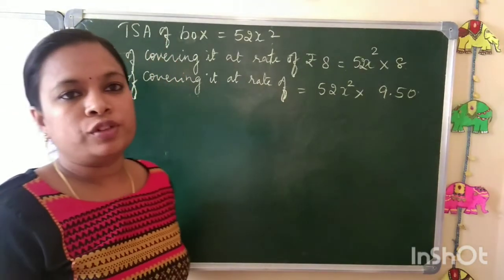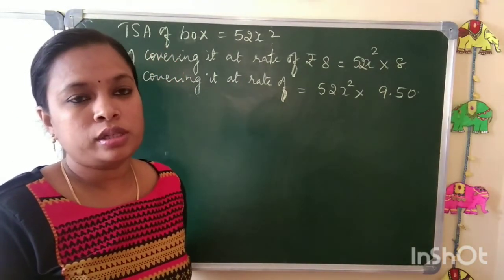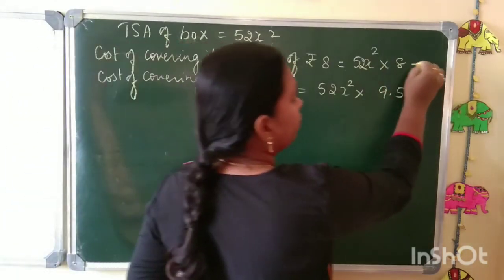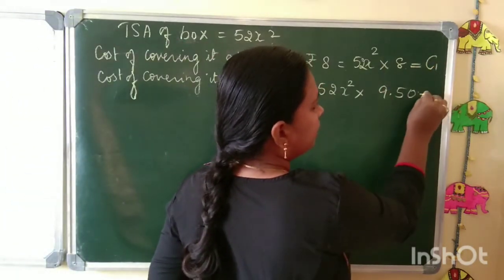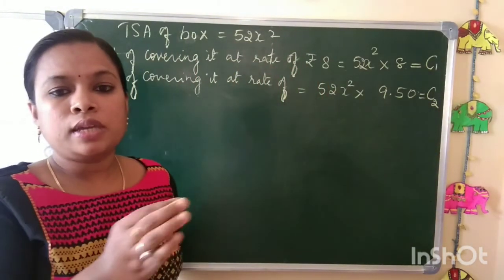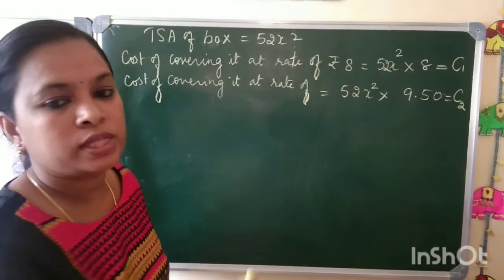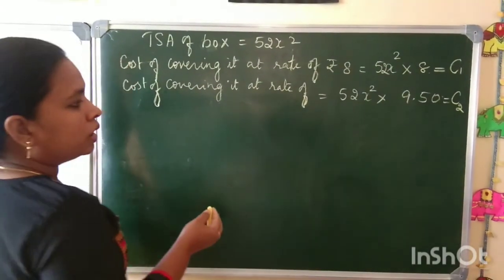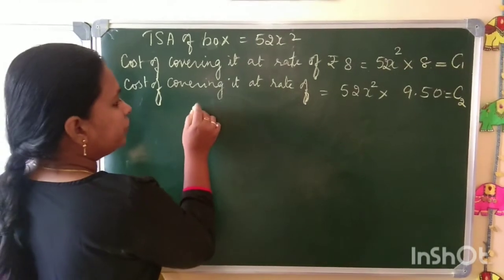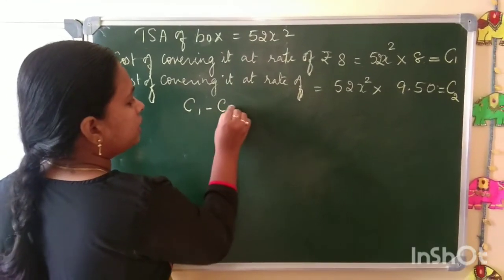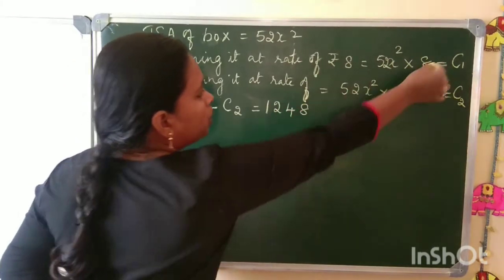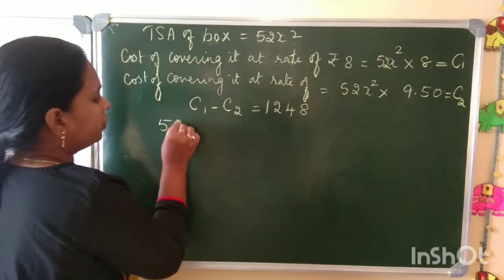And the other information what you know here is the difference between both the costs. Suppose if you are going to keep this cost as C1 and this cost as C2, we know the difference between C1 and C2 is 1248. So the difference C1 minus C2 is equal to 1248. So now we will substitute the value what we have got.